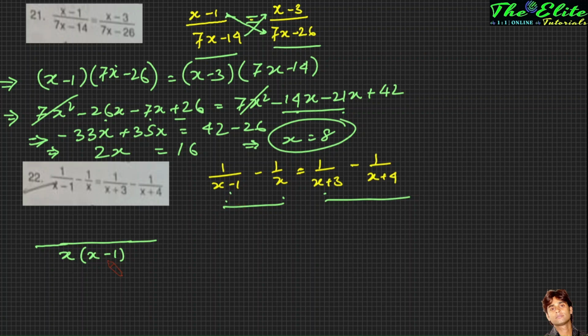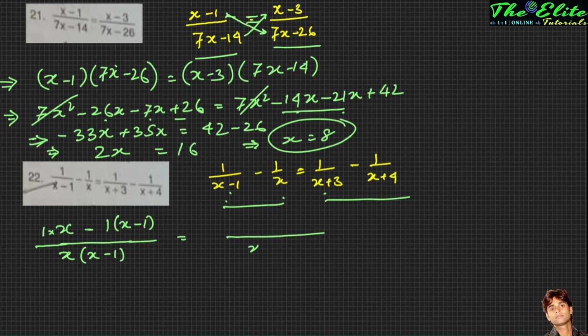If I divide this by x minus 1, x is left, and x into 1 will give you only x. You can write here 1 into x. Again 1 will be there, and when you divide by x, it will be x minus 1. So you can write x minus 1, isn't it?